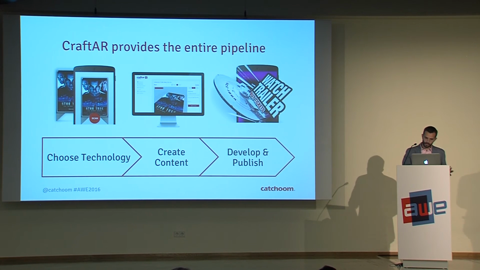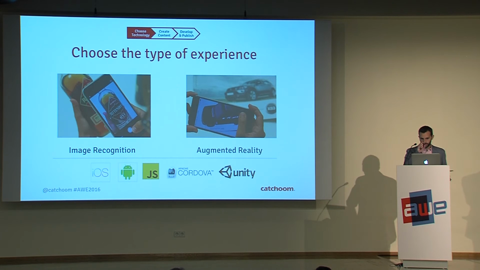So how does it look in practice? We provide the entire pipeline from choosing the technology to publishing, and I will go step by step. First you have to choose the type of experience, which actually means the type of technology that is behind it. On the left I show an example of scanning a bottle of whiskey. That would be the pure scanning, so you're agnostic to what you're trying to trigger.